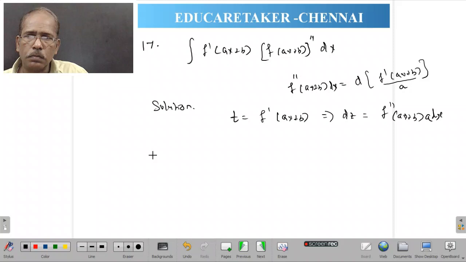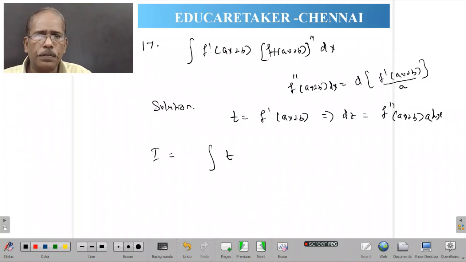Now I equals the integral of, instead of f dash of ax plus b, t, and f double dash of ax plus b dx is dt by a. You can take a outside. So t dt, 1 by a integral of t square by 2 with the integral constant.